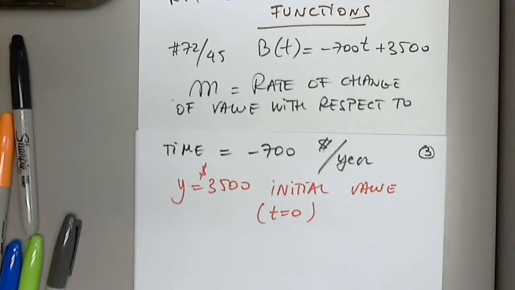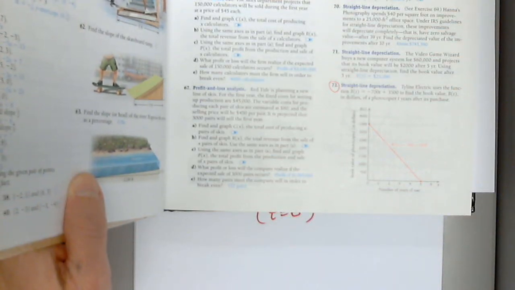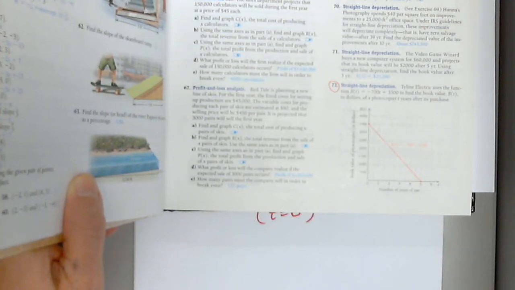Okay, let's see what else they want. How long will it take the copier to depreciate completely? Let's look at the graph again. How many years will the copier need to have 0 value? 5 years. So that's clear. The value initially was 3,500. It decreases by $700 every year. In 5 years, it's nothing.